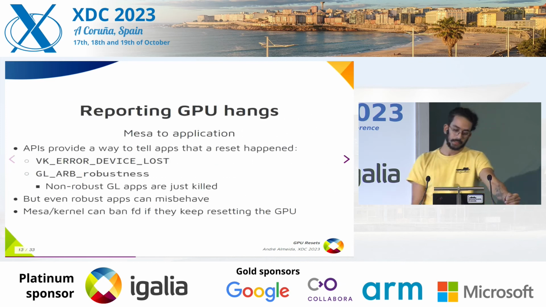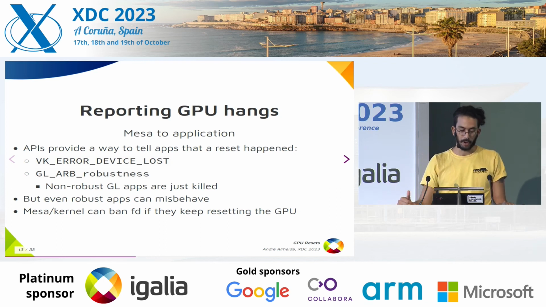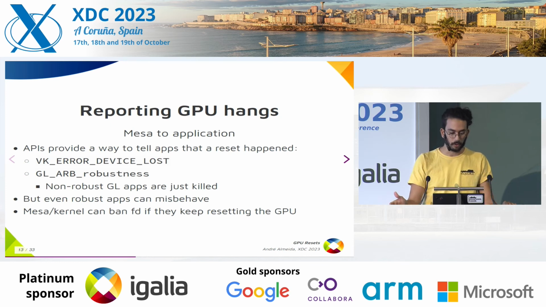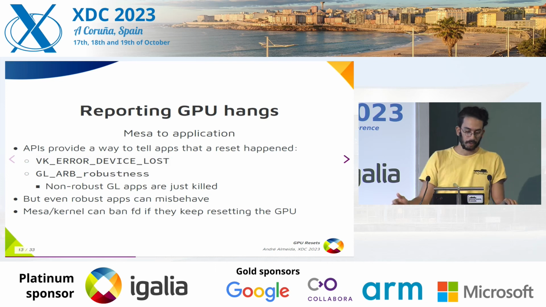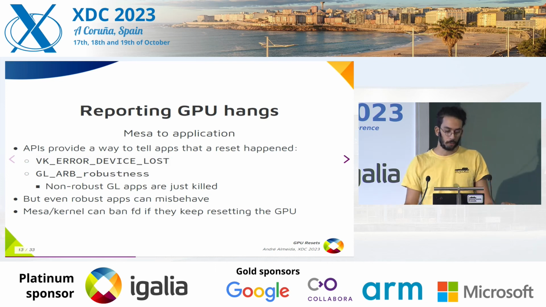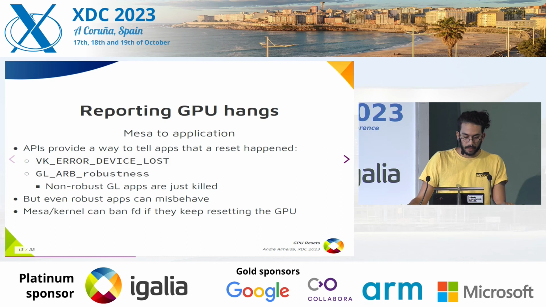So in Mesa, as I show here, we have APIs. On the graphics APIs, we have ways to tell the application that something went wrong. For Vulkan, it's usually VK_ERROR_DEVICE_LOST, and for OpenGL, we have ARB robustness. And as I said, sometimes non-robust apps are just killed, but even robust apps can misbehave and get in a broken loop.